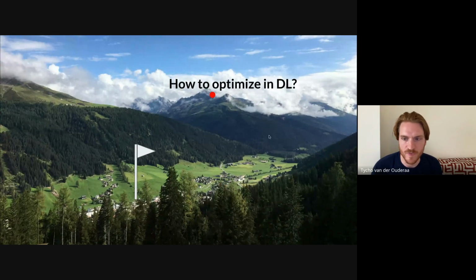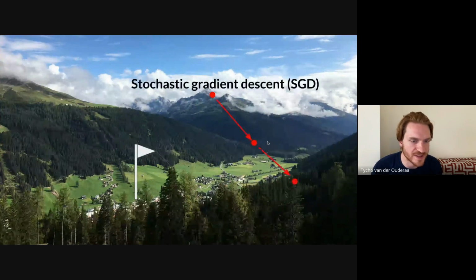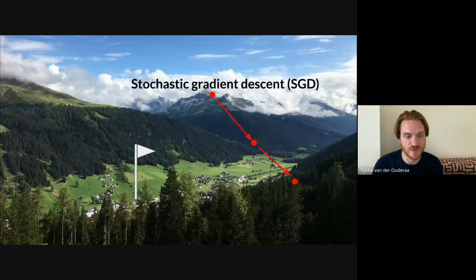One way to do this is simple: we can take gradients of the loss. So one way to do it would be to take steps in the direction that points downhill. This is classic gradient descent, or if you do it on mini batches, you get an unbiased estimate of that gradient, and you take steps in that direction.